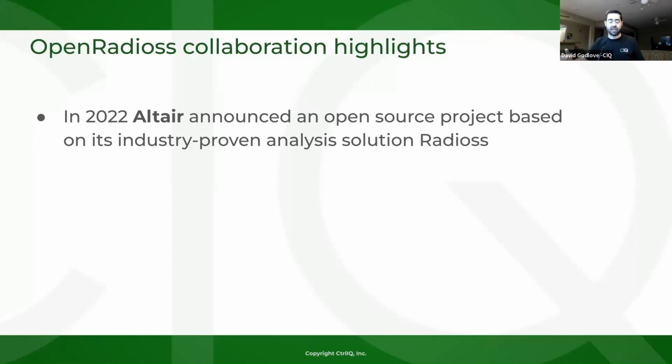In practice, this is often used in the automotive industry, and not just the automotive industry, but in others. But just to give a concrete example, in the automotive industry, Radioss is used quite frequently to model car crashes. It's been around for decades.